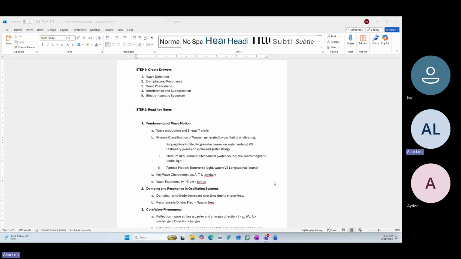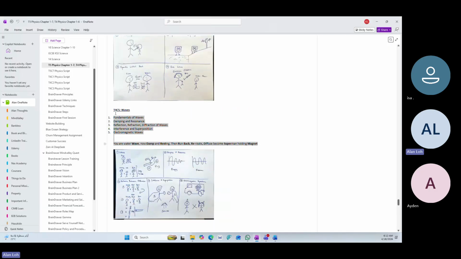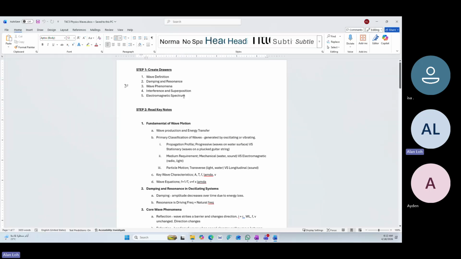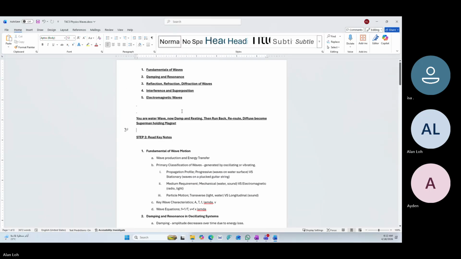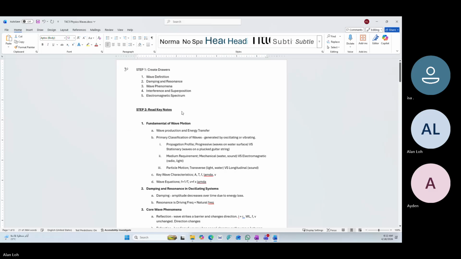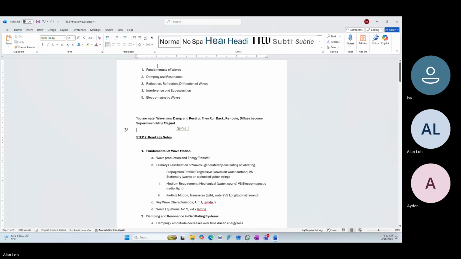Today is physics wave. Step 1, we have 5 drawers. Wait, sorry, I think this one is not the updated one. This is the updated one. Let me just change it. All right.